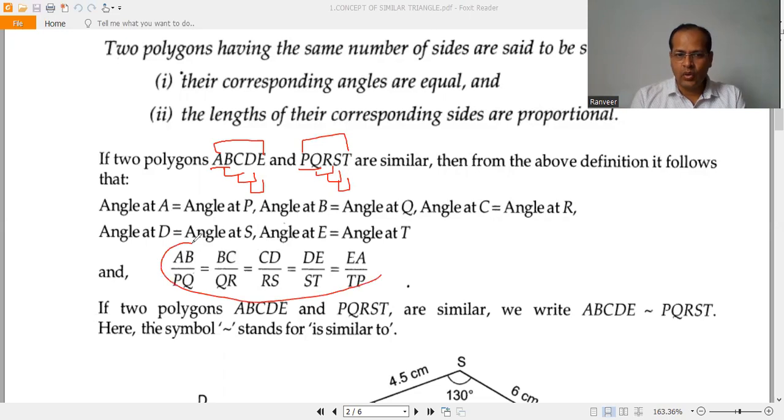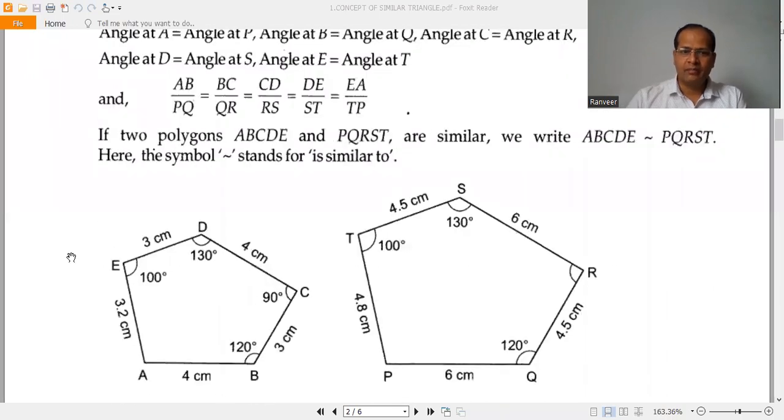So the angles are same, and second, the ratio of the sides is the same. We represent these in this way. This is the representation when two polygons are similar.